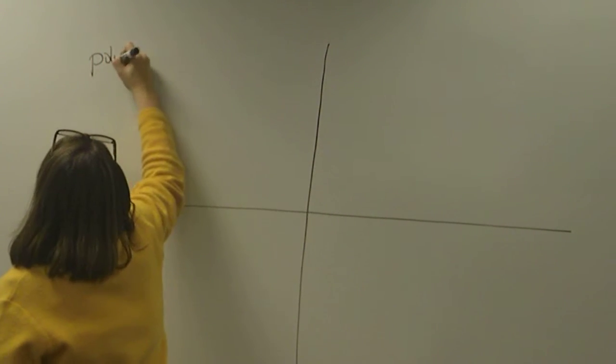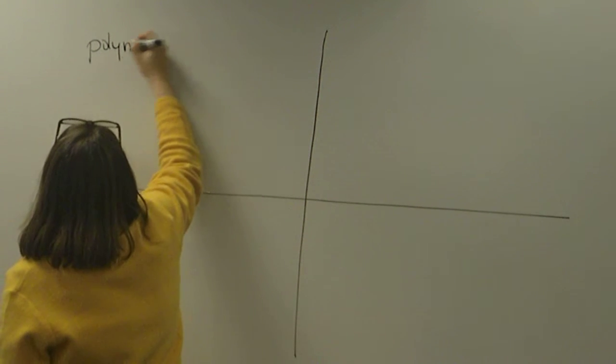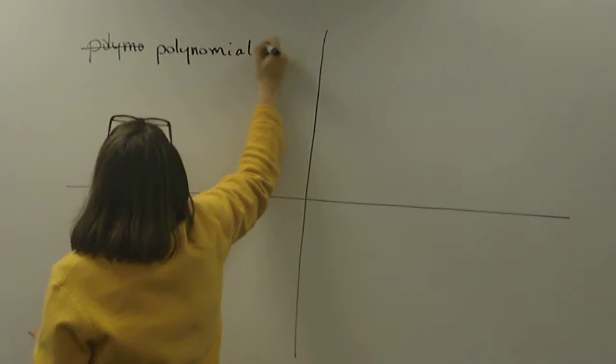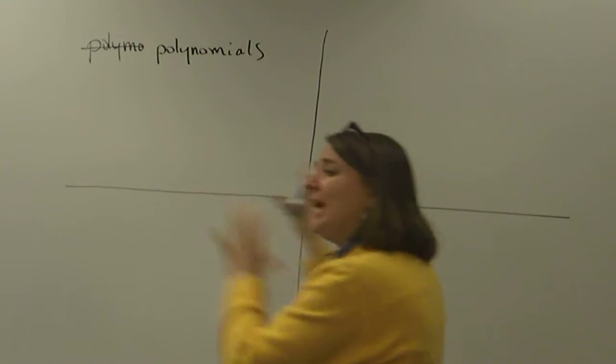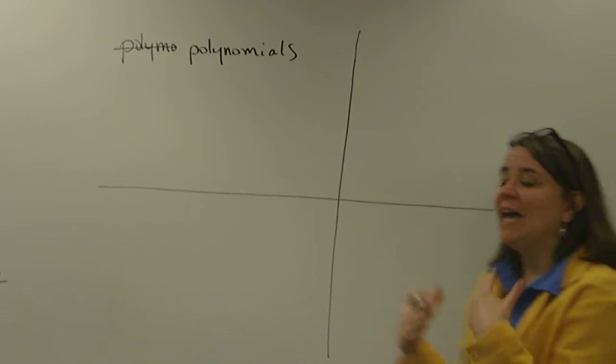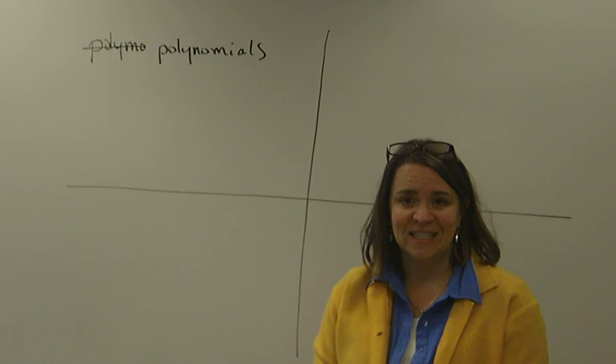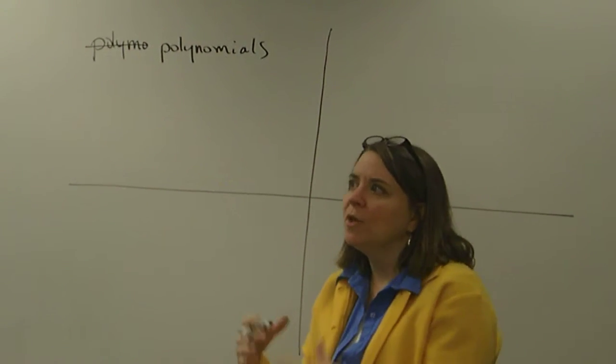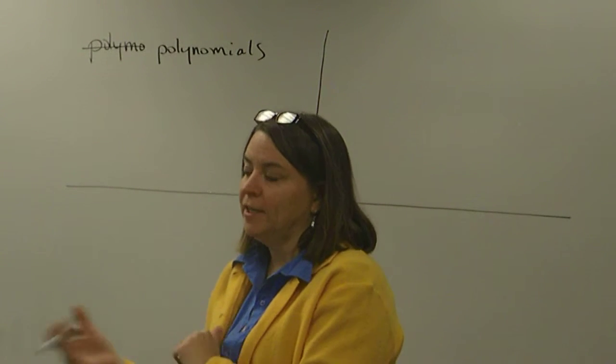Maybe a timeout to summarize some things about domain. Anytime that you can categorize functions and make some generalizations that helps you come up with strategies for analyzing them later.